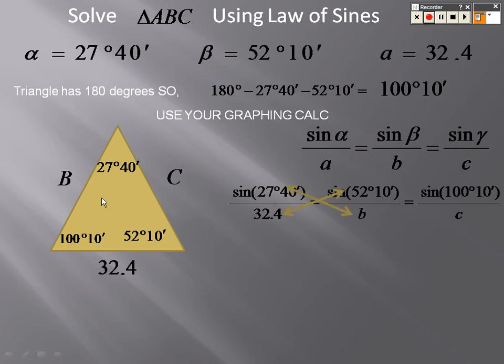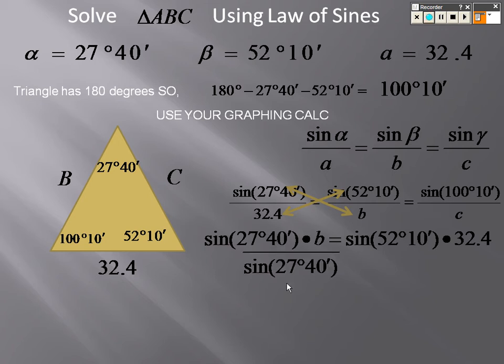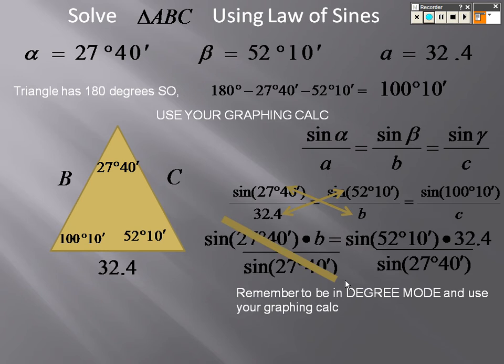So I'm going to cross multiply to solve for B first because they're side by side. So sine of 27 degrees 40 minutes times B equals sine of 52 degrees 10 minutes times 32.4. I divide both sides by sine of 27 degrees 40 minutes to get B by itself, and just have your calculator in degree mode and you'll get 55.11 for B. So then I've got to do the 2 on the outside.